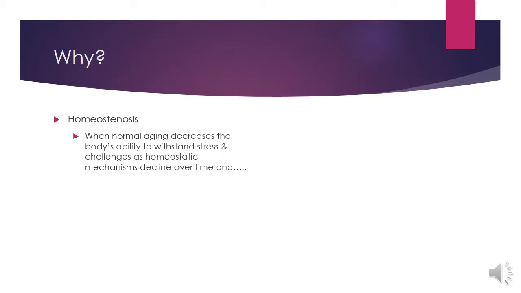Homeostasis is when normal aging decreases the body's ability to withstand stress and challenges as homeostatic mechanisms decline over time. So your coagulation, remember I've talked about that in our hematology class, for those who've been through the hematology class, the fact that there's a balance that exists between bleeding and clotting. That system is thrown off as we age, just by the normal wear and tear of the body.